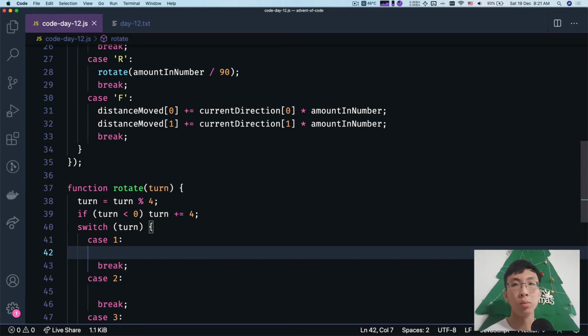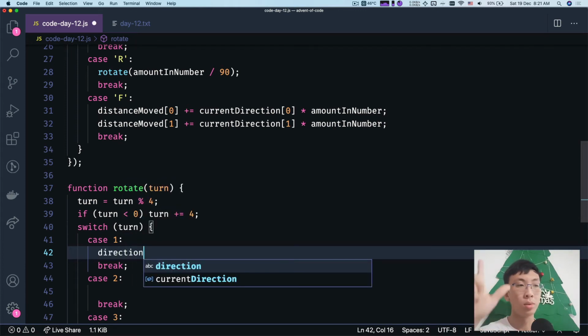Case 1 is that we are moving like this, so north becomes east. Positive of north is actually a negative y value, and it becomes a positive x value.